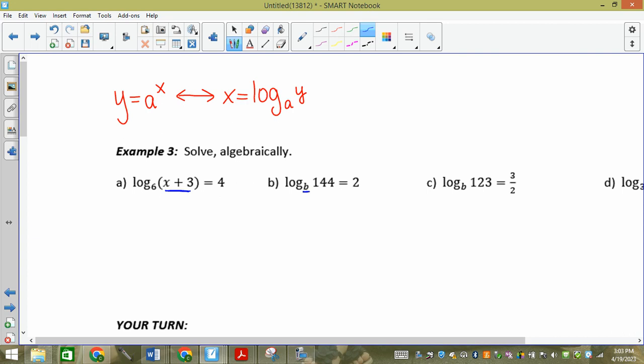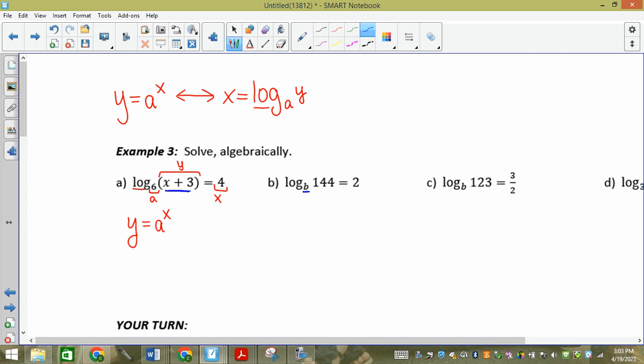So I have log. What's this 6 going to be? A. What's beside the log? Y. And what's by itself in this equation? X. And I'm going to convert it to the other one, so I'm going to write the other one out. Y equals a to the x.